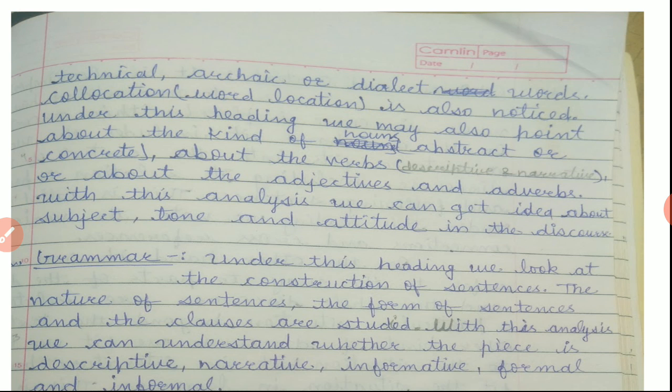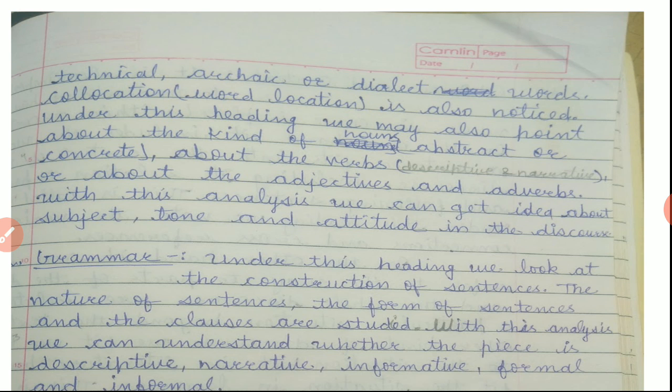What type of adjectives? Adjectives of quality, quantity, size, color, of concrete qualities, of abstract qualities. What type of adjectives are used there? So in a sense, we are to analyze the words, the diction used in the given discourse, because we know that language has its own particular form depending upon the domain and tenor.